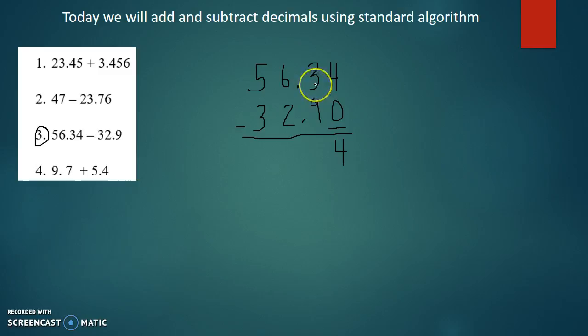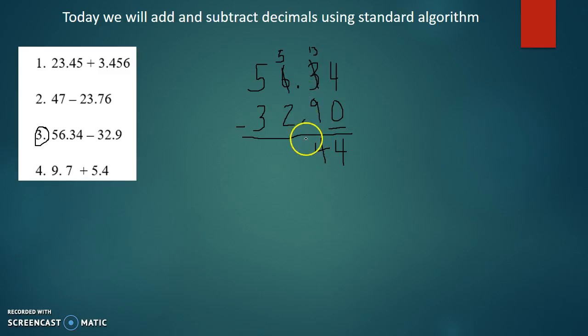I can't take 9 from 3, so I'll regroup in the 1's place. My 6 becomes a 5. My 3 becomes 13. When you regroup, you always add 10 to the number you have there because the places to the left are always 10 more. This is 10 less. So 13 minus 9 is 4.